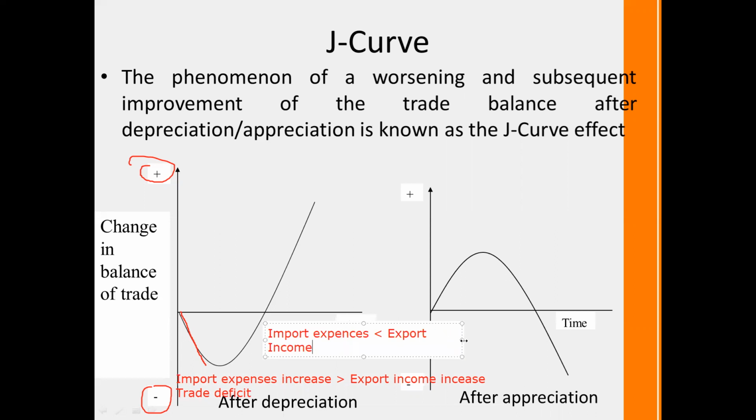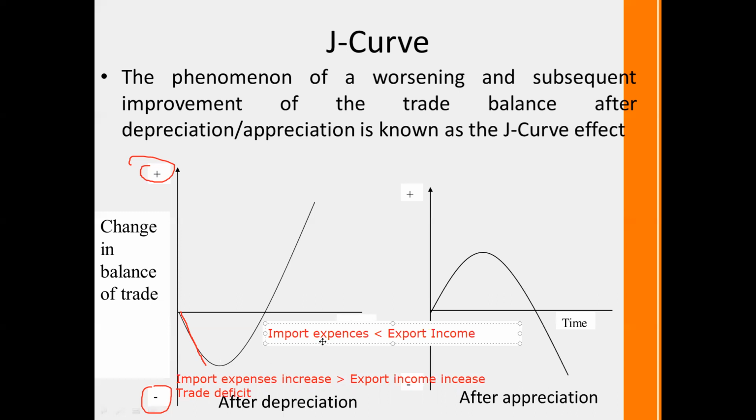So then we see that the trade balance gradually moves out of the deficit, right? So that is the expectation of depreciating the domestic currency in order to manage the trade deficit, right? But in the short term period, it gets worse.